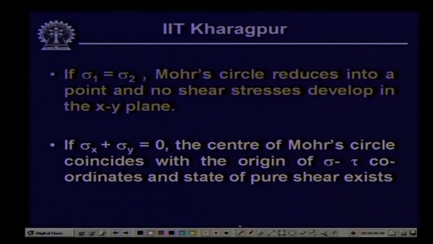Hence, at any point on the circumference of the circle, which represents a plane at a particular orientation, the maximum principal stress is tau and the minimum principal stress is minus tau, and this we call a state of pure shear, where the maximum and minimum principal stresses are equal to the maximum shear stress. So, these are important observations from the Mohr circle.